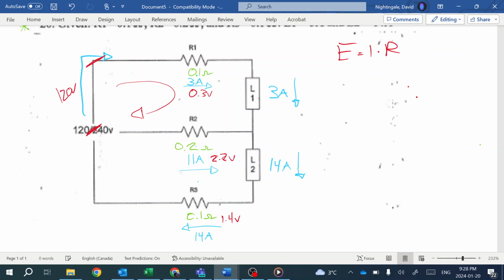rise on our neutral. The reason it's a rise is because the current at this snapshot in time is traveling in the opposite direction as our Kirchhoff voltage loop here, our trace from this point to that point. Because it's going in the opposite direction, it acts like a rise.